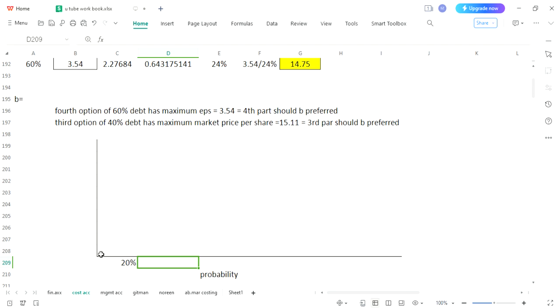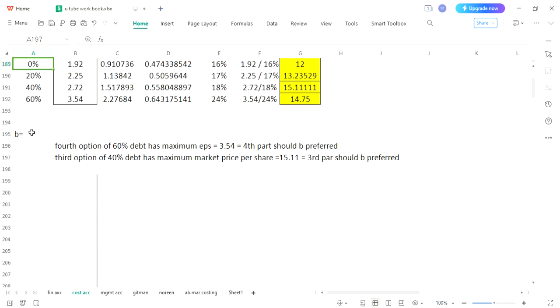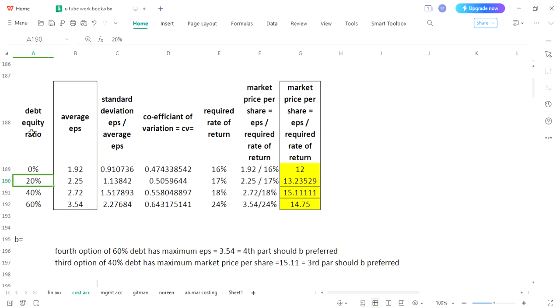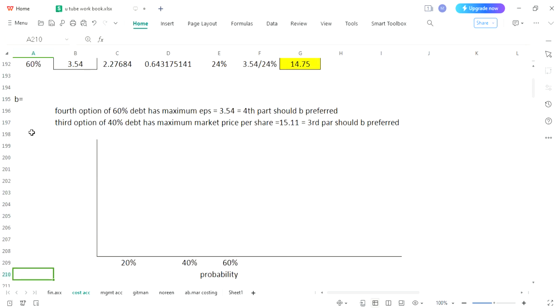Then we have 40%, 60%. That's all, because there are 4 probabilities. This is our data, 0, 20, 40, 60, and as you know 0% would be over here.